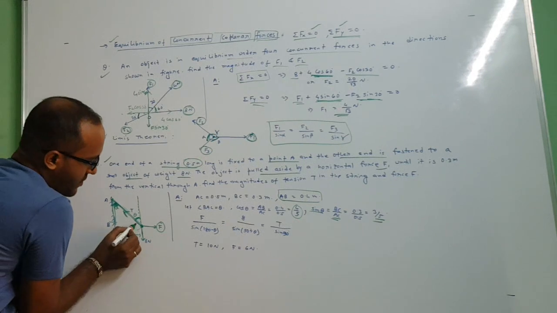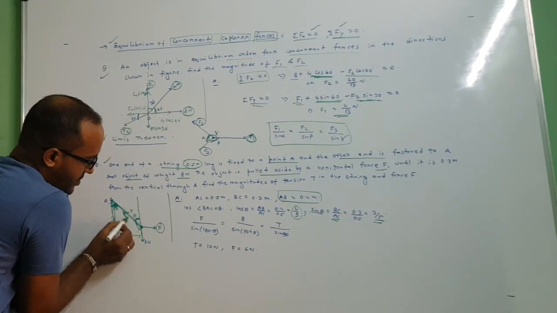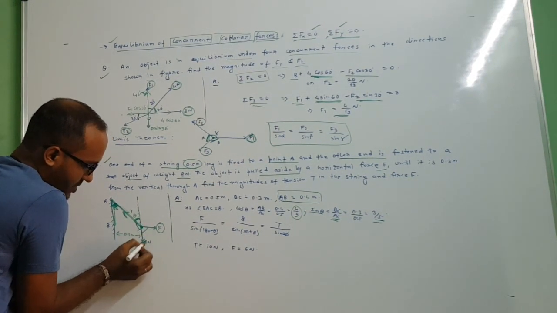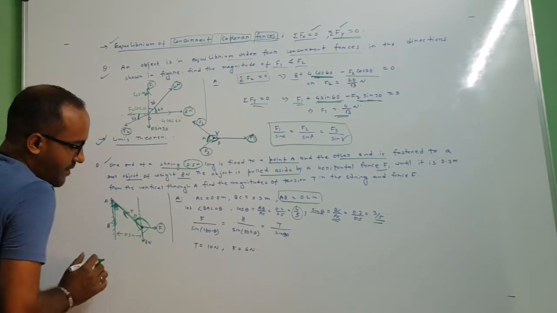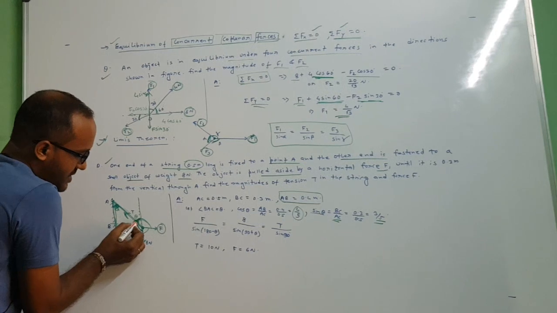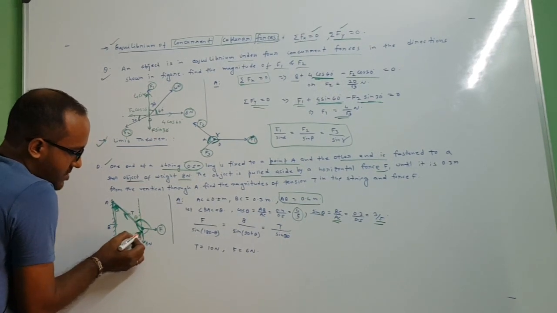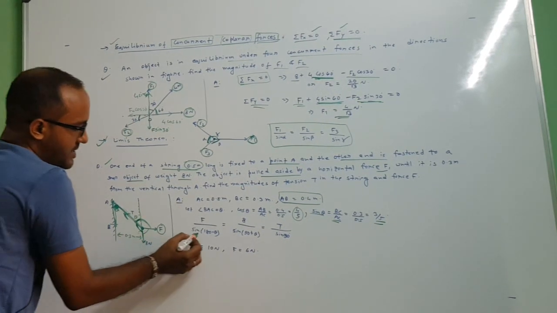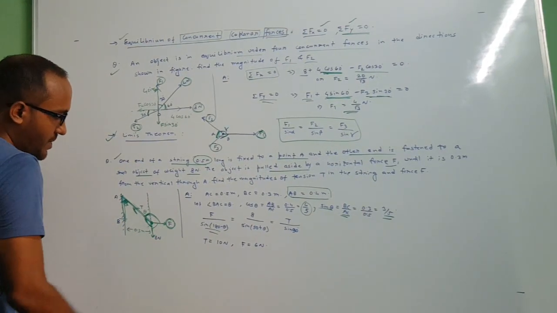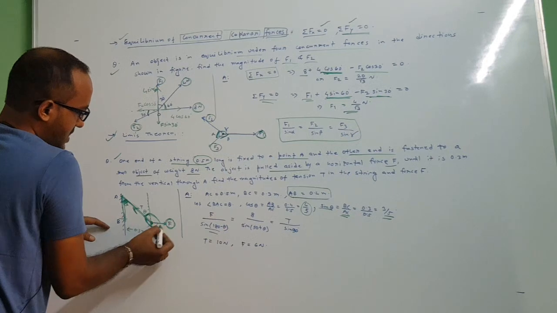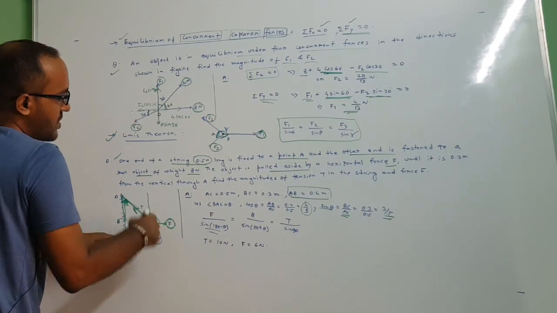So we have to take the angle between each pair of forces. If this is theta, total 180, so the angle between T and F would be 180 minus theta. So F divided by sine of 180 minus theta. Now for 8 Newton, you have to take the opposite angle.